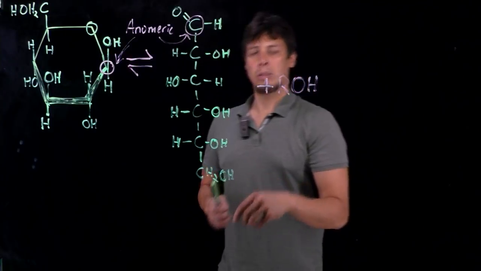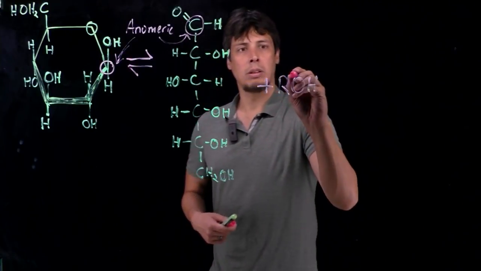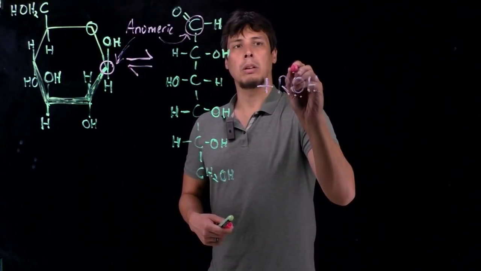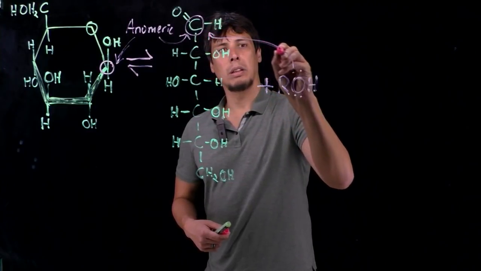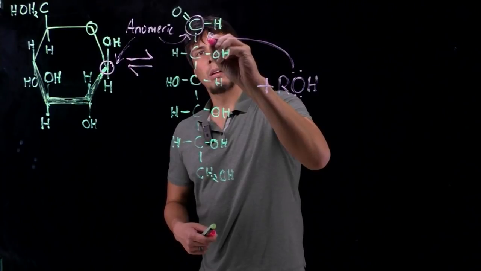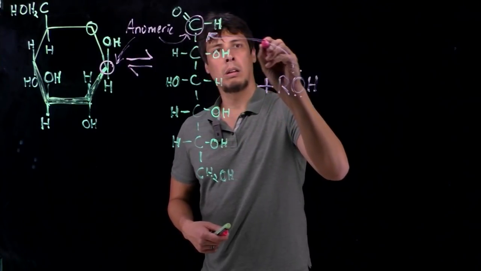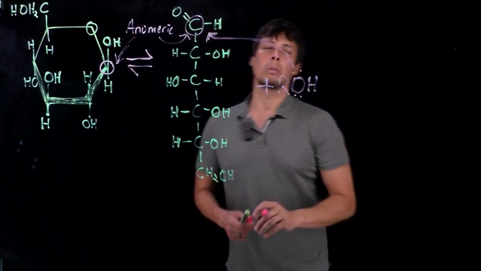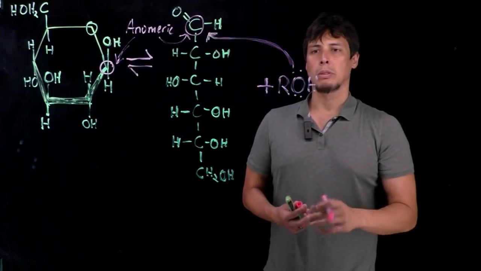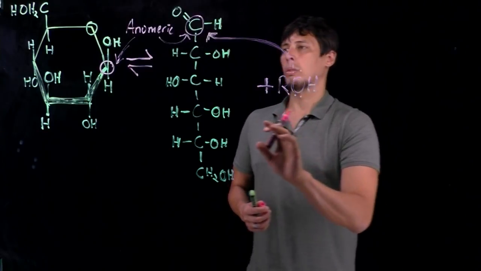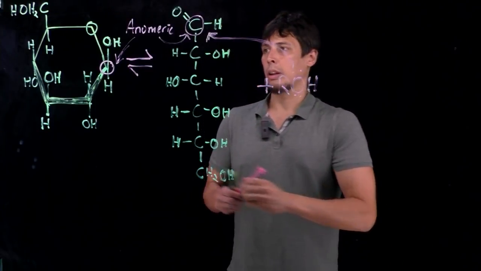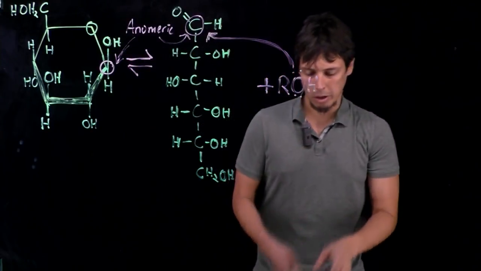When we react ROH, it's going to react at the carbonyl. Think of it in linear form. So it's going to react, in other words, at the anomeric carbon. This OR group is going to react across the hydroxyl, the anomeric carbon.